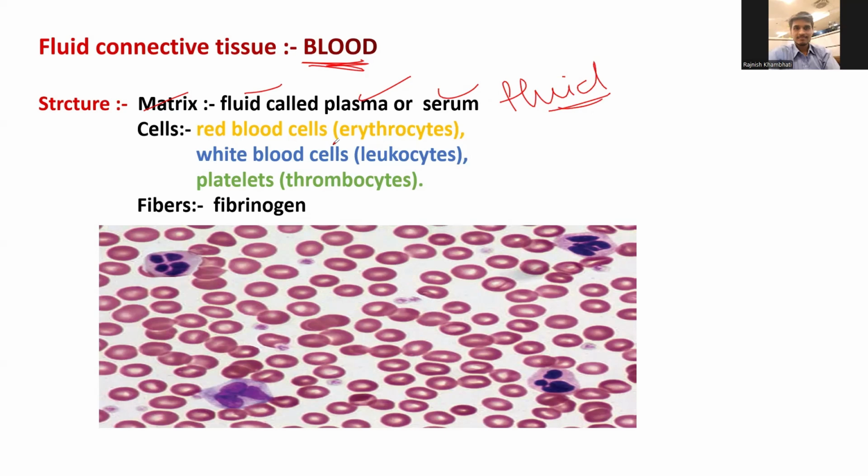And cells, there are various types of cells present, like red blood cells called RBC, also known as erythrocytes. Then white blood cells or leukocytes, known as WBC. Then platelets, also known as thrombocytes. So these are the three cells.